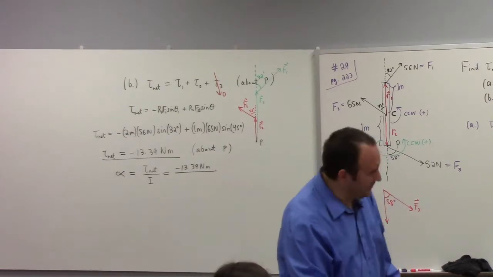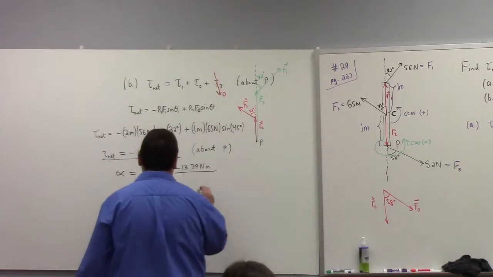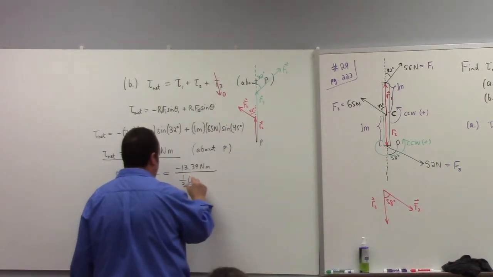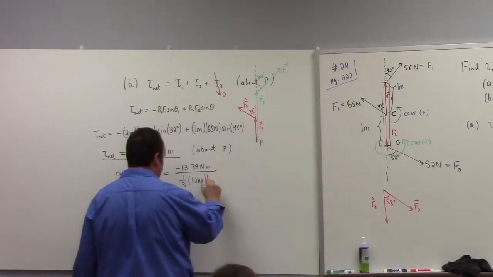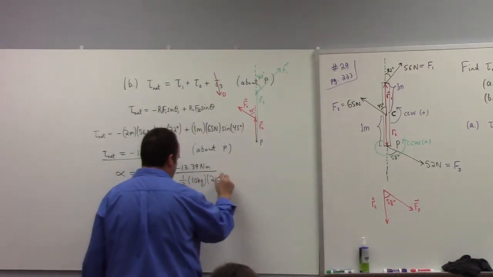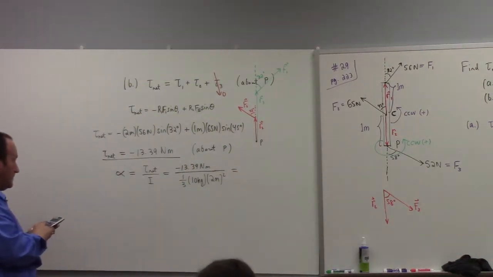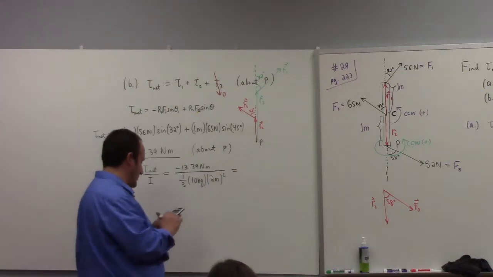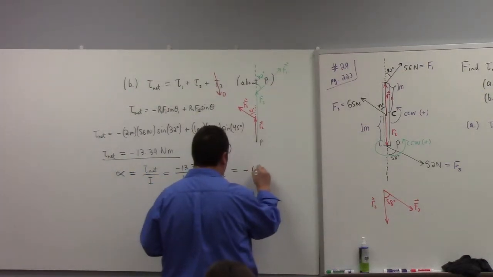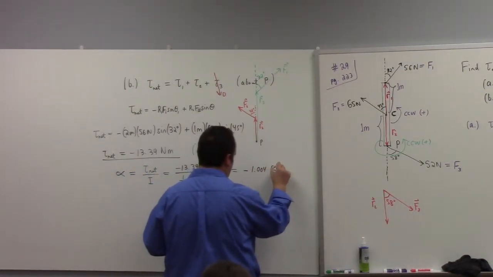So it's not, I mean, I say it's a rotational analog to mass, but that analogy only goes so far. Anyway, so 1/3 ml squared, keeping with your 10 kilograms, and 2 meters squared. What do we got? Huh. I think I get minus 1.004 radians per second squared.